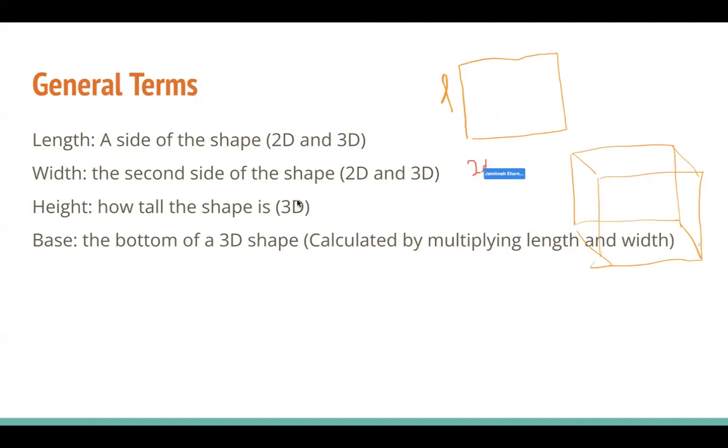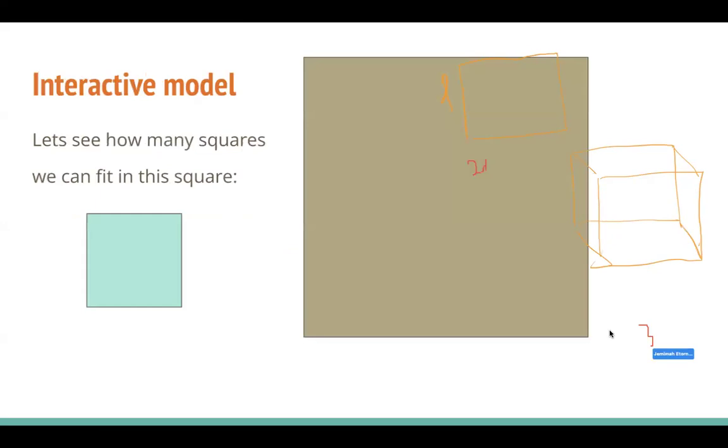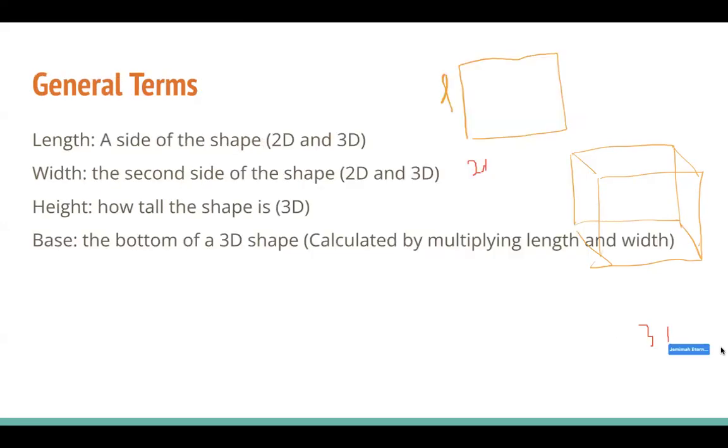Let me see if I can fix my audio. Okay, is this better? Okay. So the... okay. Wait, so on the square this would be the length. And then I can't hear you.